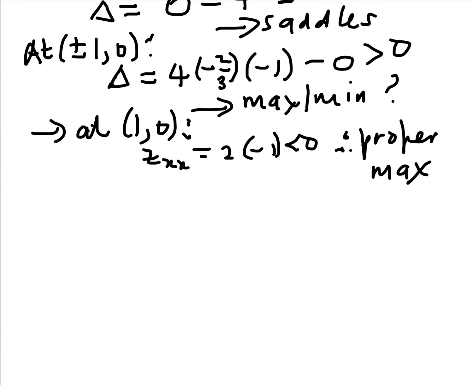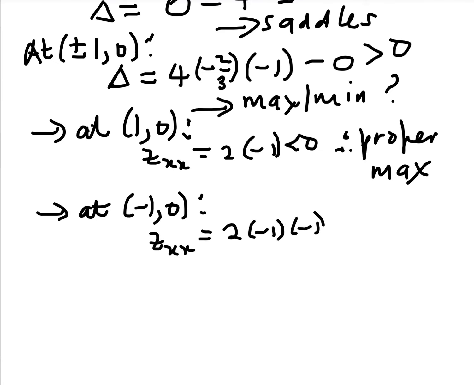And at the point with coordinates (minus 1, 0), a further analysis, we get here the second derivative with respect to x is equal to 2 times minus 1 times minus 1. This is positive, so therefore here you get a proper minimum.